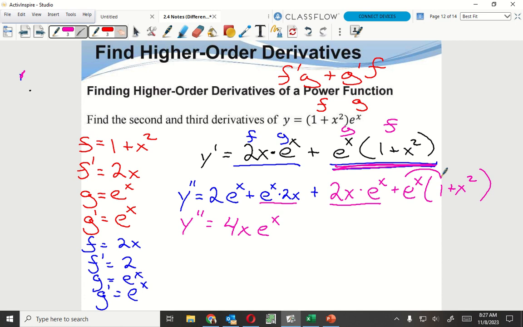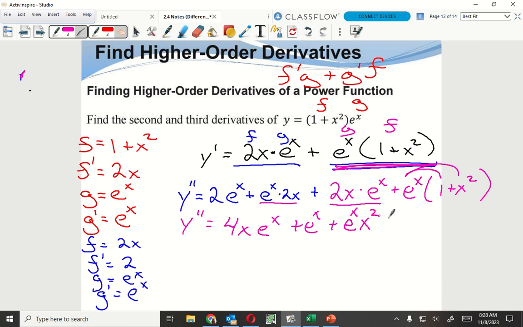I could, and that would give me, let's see what I get if I could. So that would give me e to the x, because if I distribute that, that's e to the x, and this is going to give me plus e to the x squared.